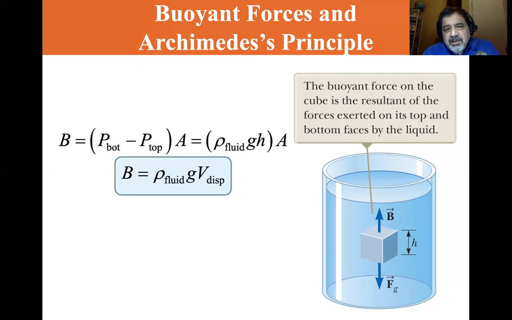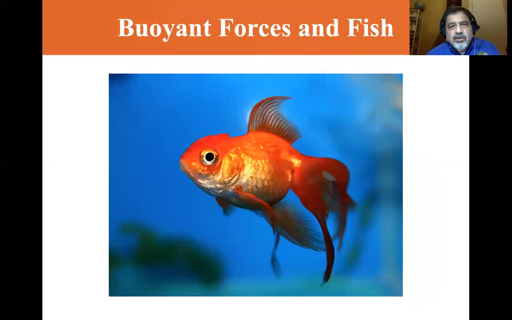So it's the density of the fluid times g times h, where h is the height of the object, times the area. So the buoyant force is the density of the fluid times g times the volume. So it's the mass of the fluid times g, in which the density times the volume is the mass of the fluid, times the gravitational acceleration.